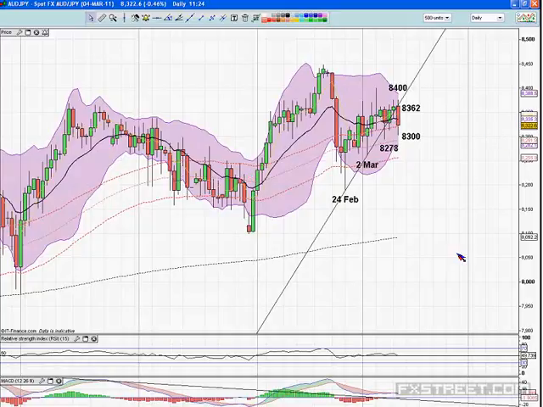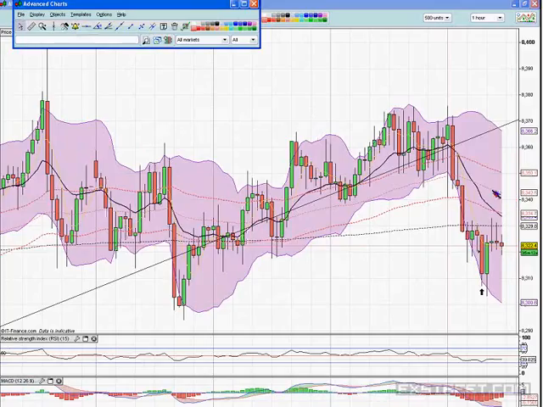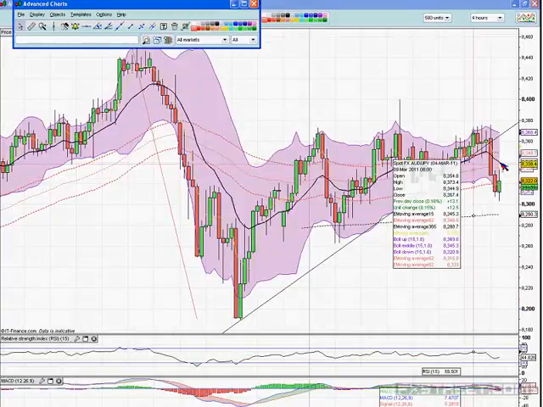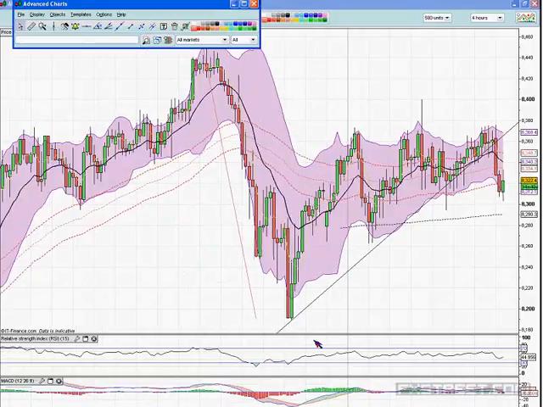Okay, 4-hour chart. Where is the 15 EMA on the 4-hour chart? It's at 83.40. So drop it down to the 1-hour chart, 83.40. So the 62 in my hourly is my 15 in my 4-hour. Simple as that. Not rocket science. Horizontal lines.